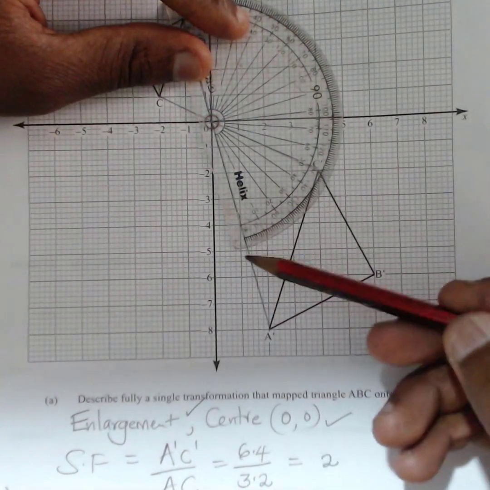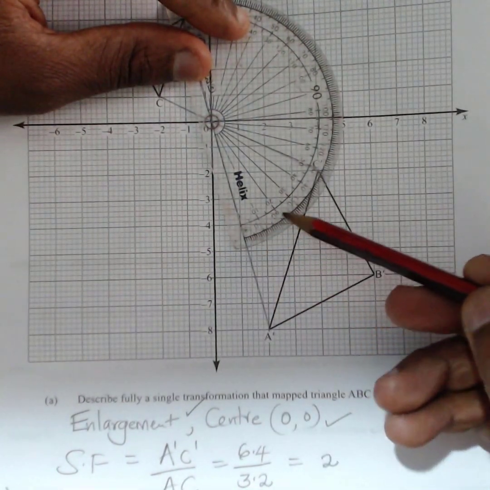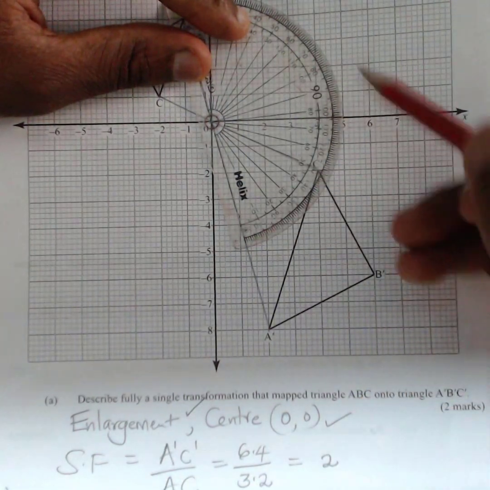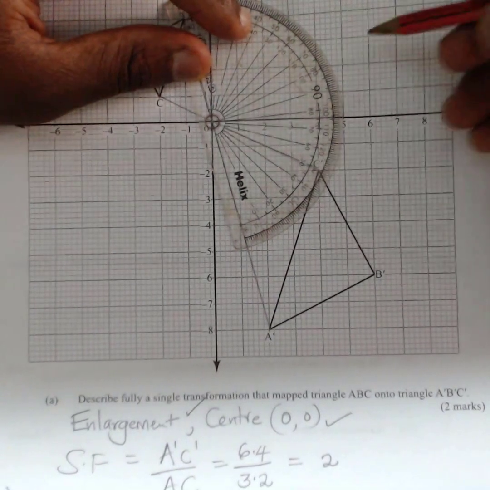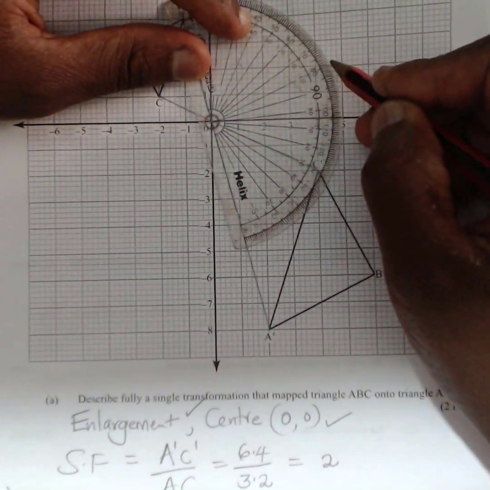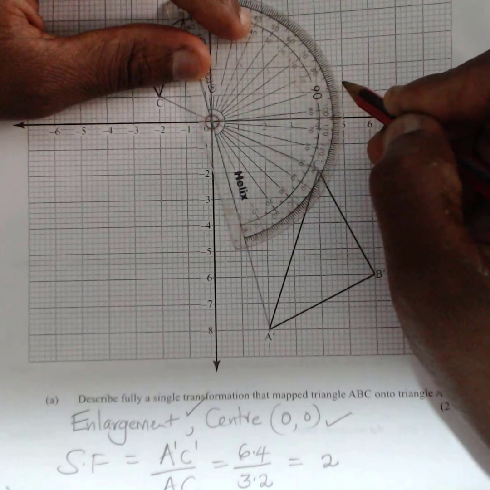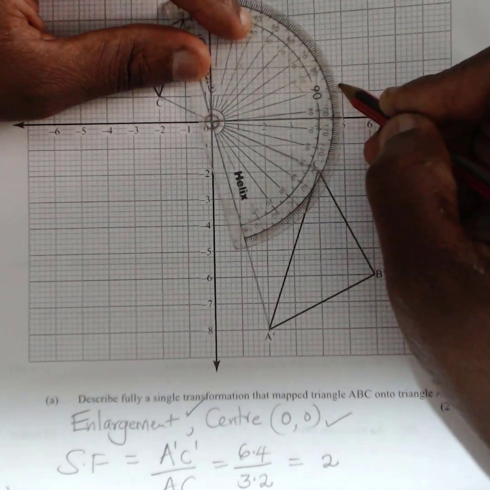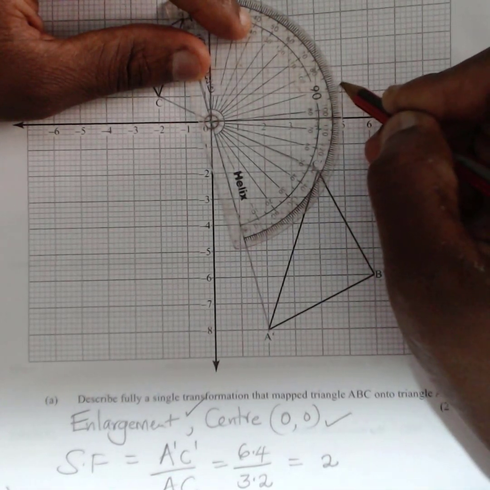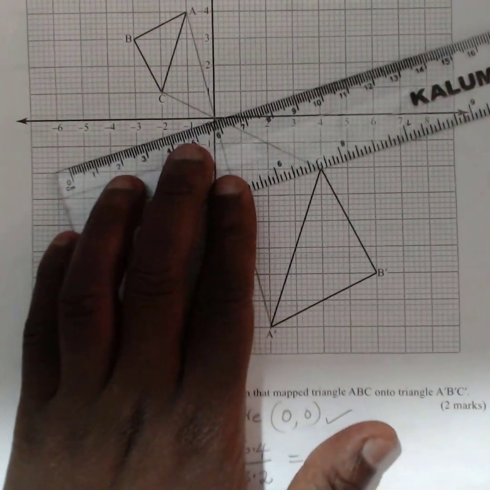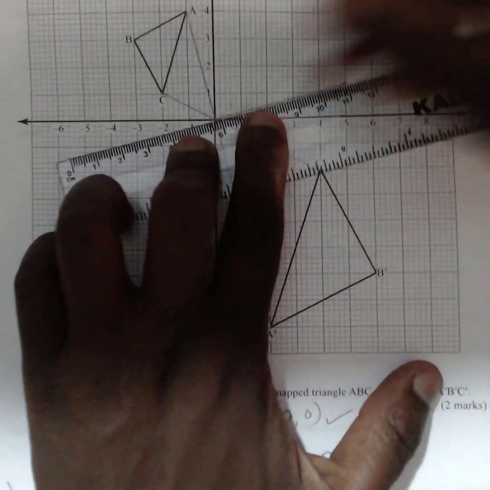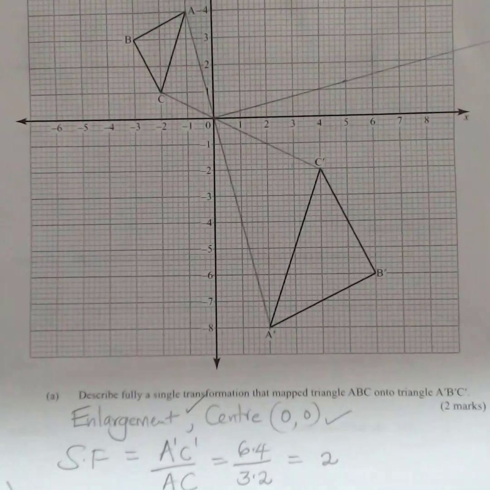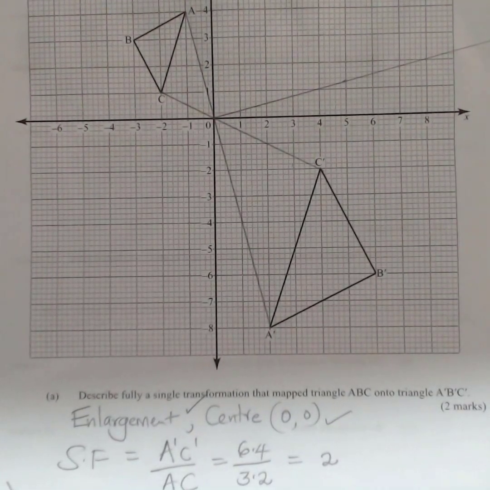We're measuring the angle from here, anti-clockwise, so from here 0 all the way to 90. So 90 will be here. So join these using a straight line.